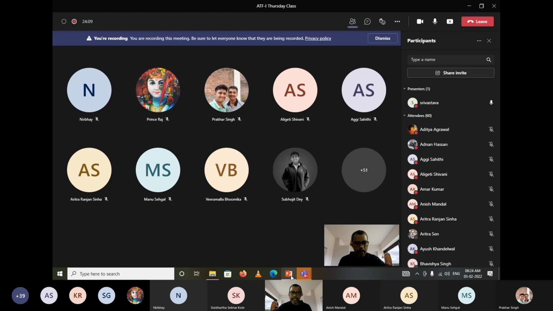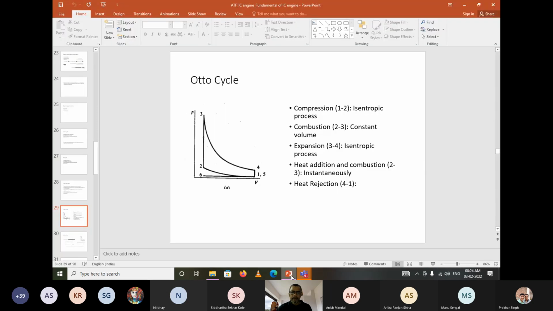We have a PV diagram of the Otto cycle. And the question is to redraw the Otto cycle on the P theta diagram.